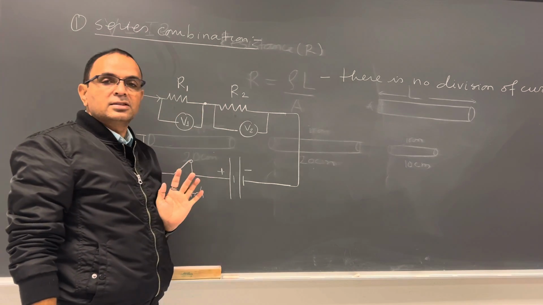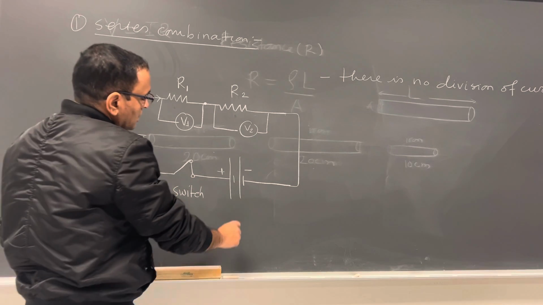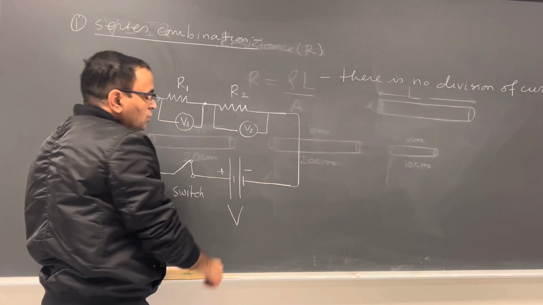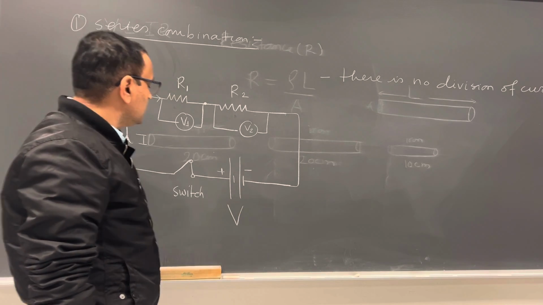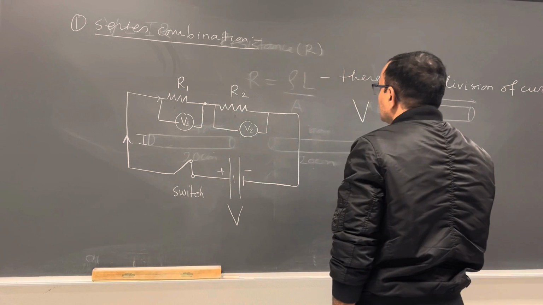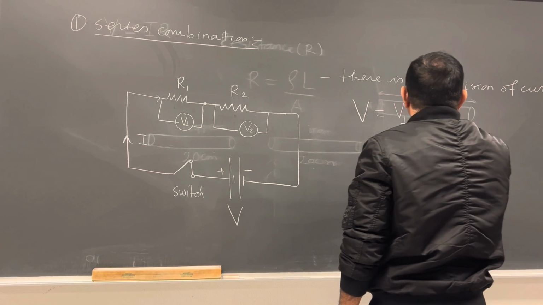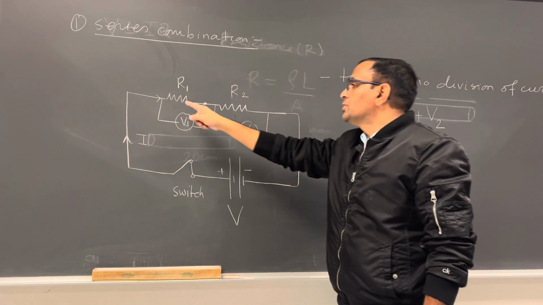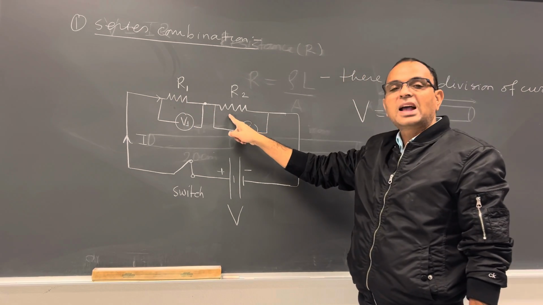The same current is flowing through each resistor, but there is a different potential drop across each resistor. Let us suppose the potential difference of the source is V. Then this potential difference V must be equal to V1 plus V2. V1 is the potential drop across R1 and V2 is the potential drop across R2.